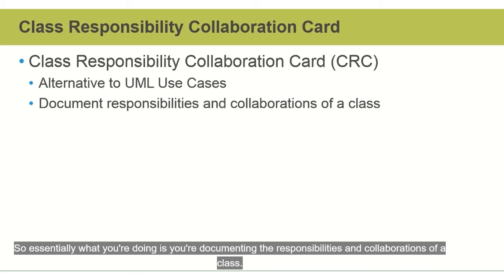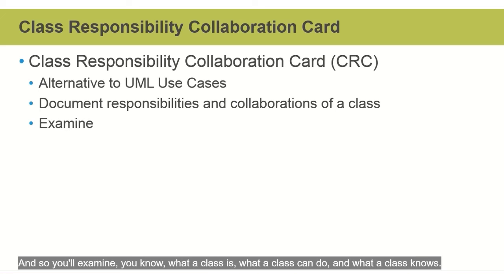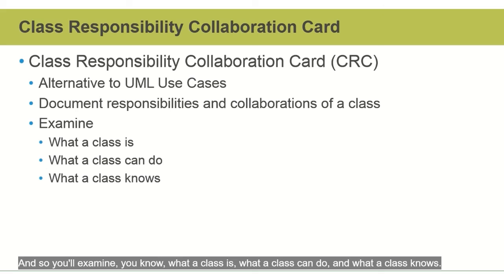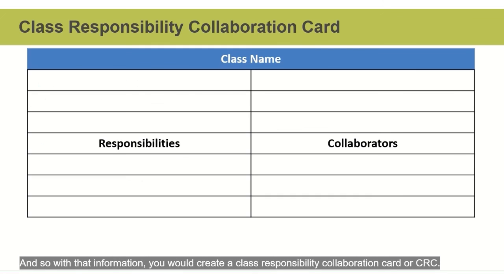Essentially what you're doing is documenting the responsibilities and collaborations of a class. And so you'll examine what the class is, what a class can do, and what the class knows. With that information, you would create a class responsibility collaboration card, or a CRC.